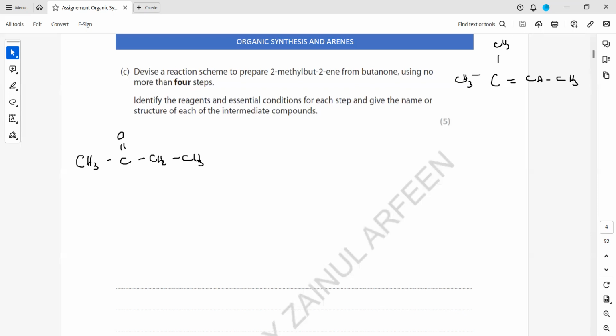So first, what we can do is convert this into any suitable product.